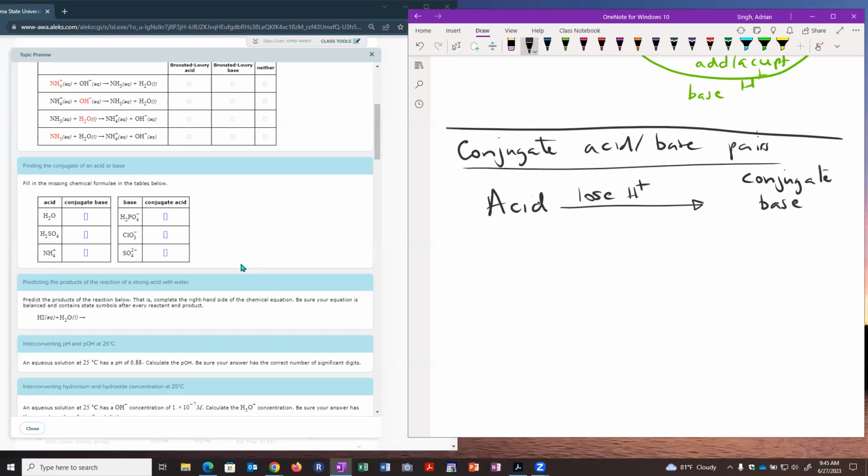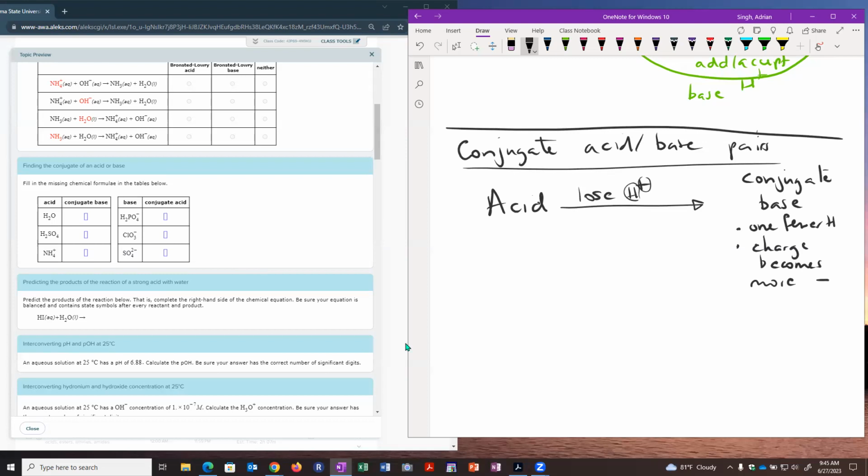Okay, and that is the connection between them. And this conjugate base has one fewer H. And the other thing that happens is the charge is going to become more negative, because we're not just taking away an H, we're taking away an H plus.